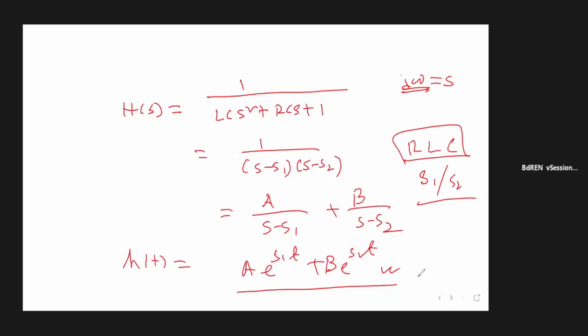In this way, you can go. So your Fourier inverse and Laplace inverse are nearly same. In the Laplace case, your S is equal to sigma plus j omega. But in the Fourier case, this sigma is set equal to 0, then it becomes your Fourier term. Okay. So in this way, you can also calculate the Fourier inverse.